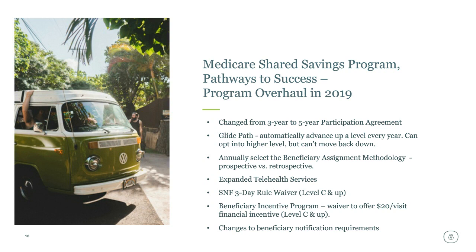And you can opt into a higher level, but you can't move back down again. So just my personal recommendation is to start at level A and work your way up over time with increasing risk. One nice change is that they allow you to annually select the beneficiary assignment methodology.